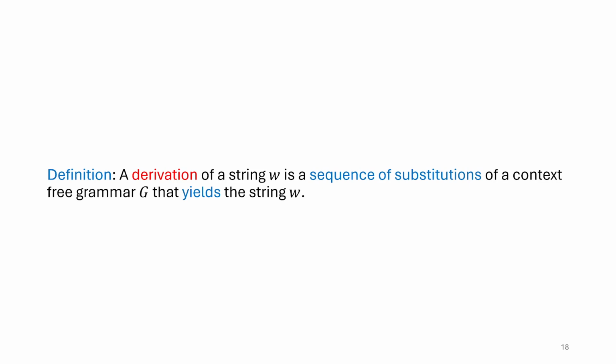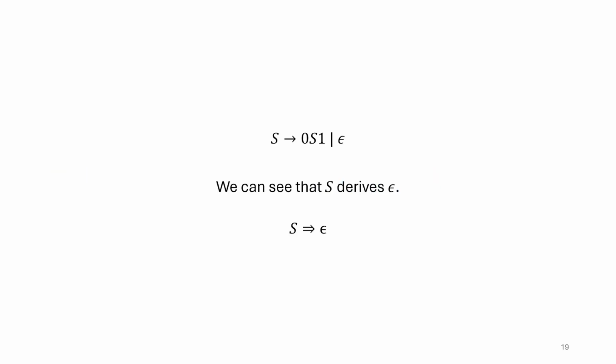We're trying to figure out the path in the grammar that leads to the string that we're particularly looking for. So let's just formalize that in this definition: a derivation of some particular string is a sequence of substitutions within that grammar G that yields that string w, the string that we're looking for. This is also technically a definition of what it means to yield a string.